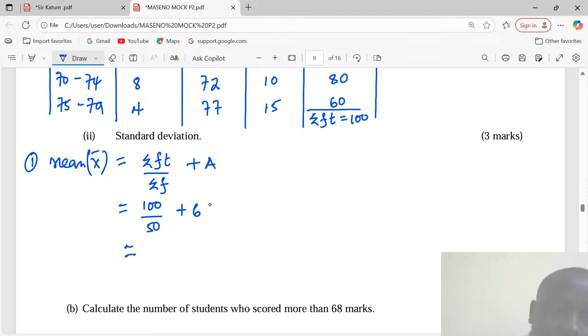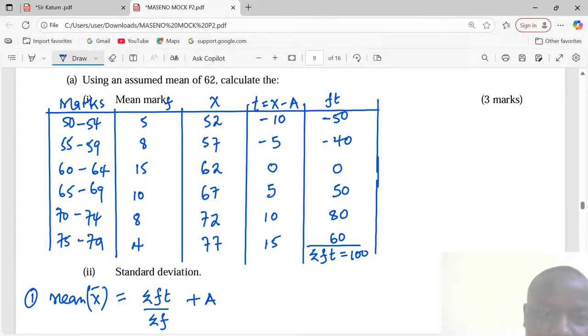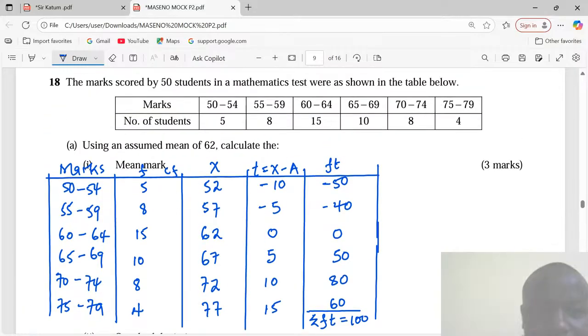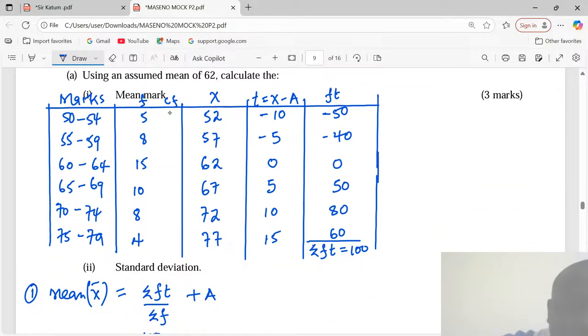There is something small that I would like us to confirm. Are these additions of cumulative frequency giving us 50 really? According to what the examiner says, these are marks for 50 students. So we can confirm whether they are 50.